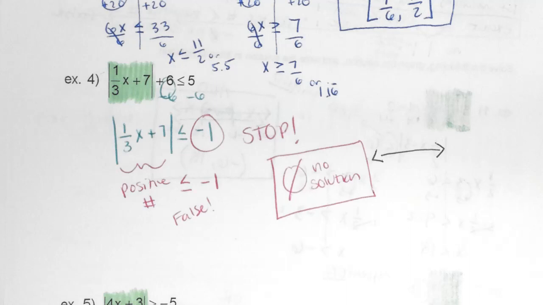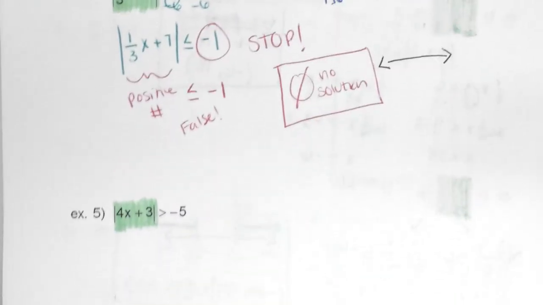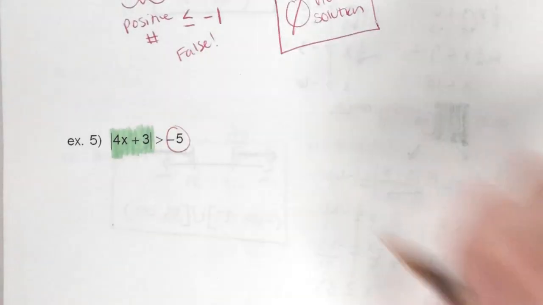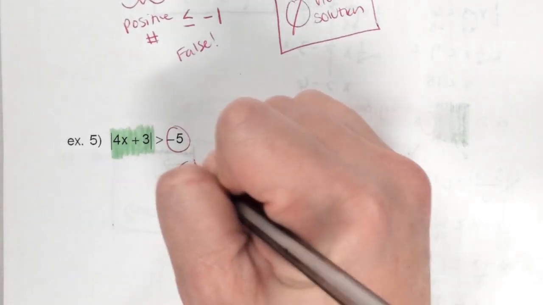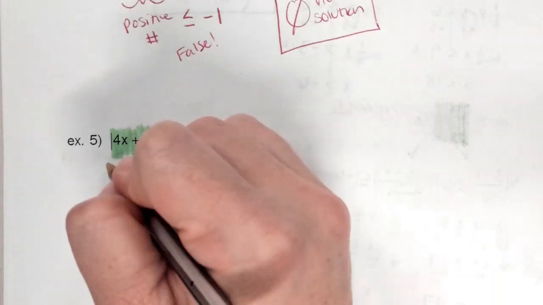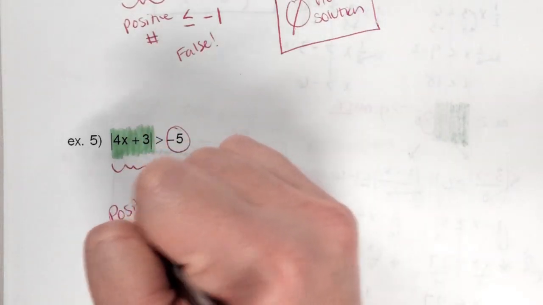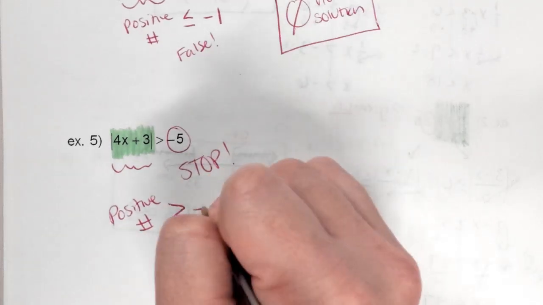This is why you want to pay attention when there is the negative, because you can do all that work just like we did before when we just had linear inequalities and you'd still get the same answer. Do you really want to do all that work if you don't have to? No. Okay, look at number 5. Well, it's negative. So we stop. This is going to give me a positive number. Is a positive number greater than -5?